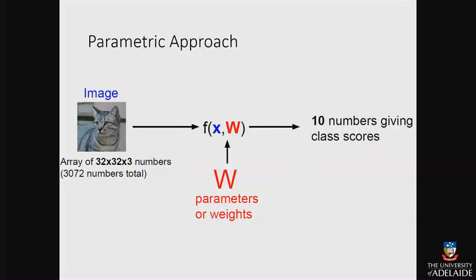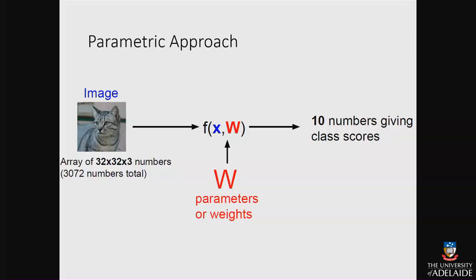The most common way we use to classify images or any other data formats is a parametric way, which means we need to learn some parameters to classify the data, right? Take this image as an example. We want to learn a parameter matrix W for some function f with the input x.